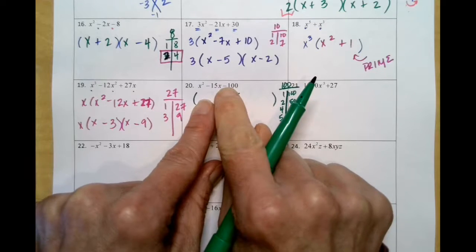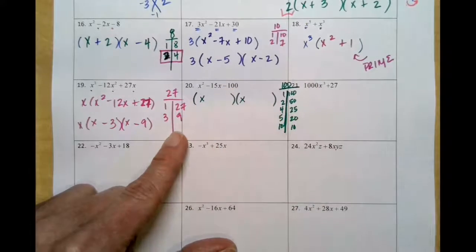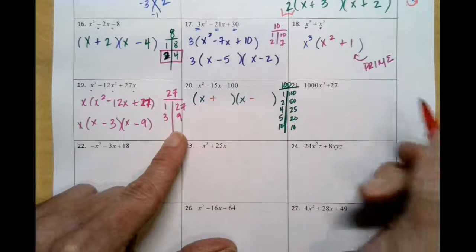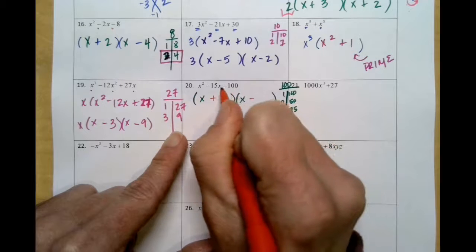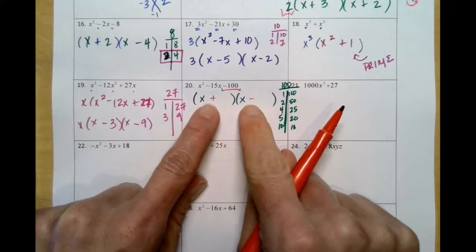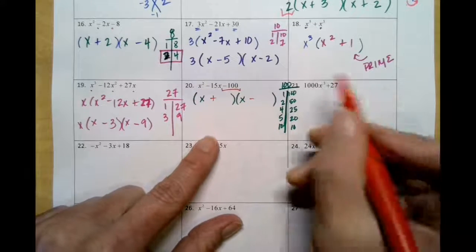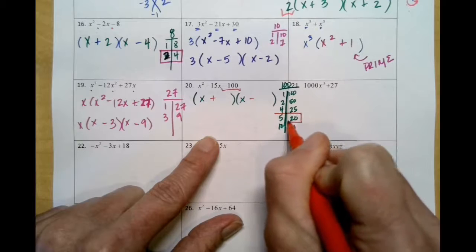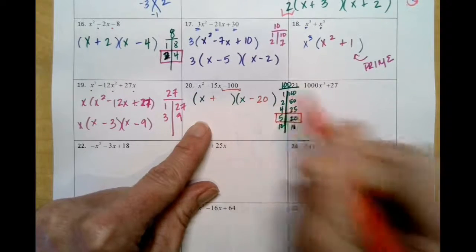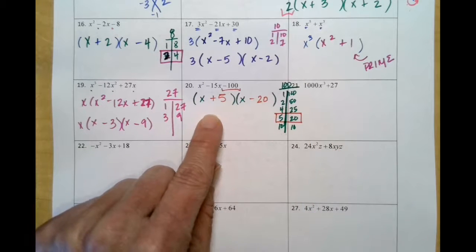I know that my signs are negative, so when I split my x's, I know that one of these signs is positive, one is negative, because how I got this negative is by having a positive times a negative. I know that I'm looking for a difference of 15 because the signs don't match. I know I have more negatives than positives, so that's how I know which values go where.